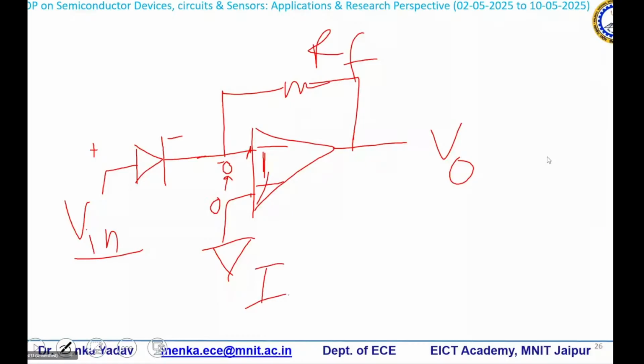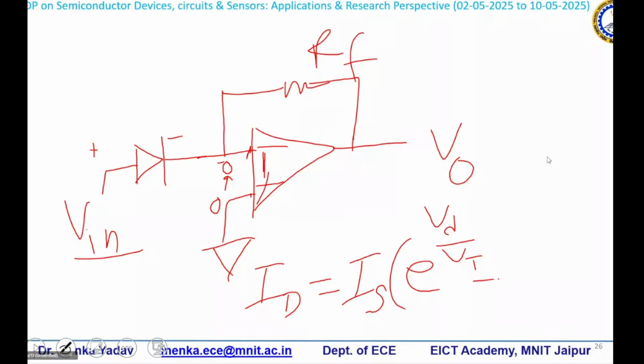According to the diode current equation, we have the reverse saturation current of the diode times exponent of Vd upon Vt, minus 1. Instead of Vd, let me take V in.